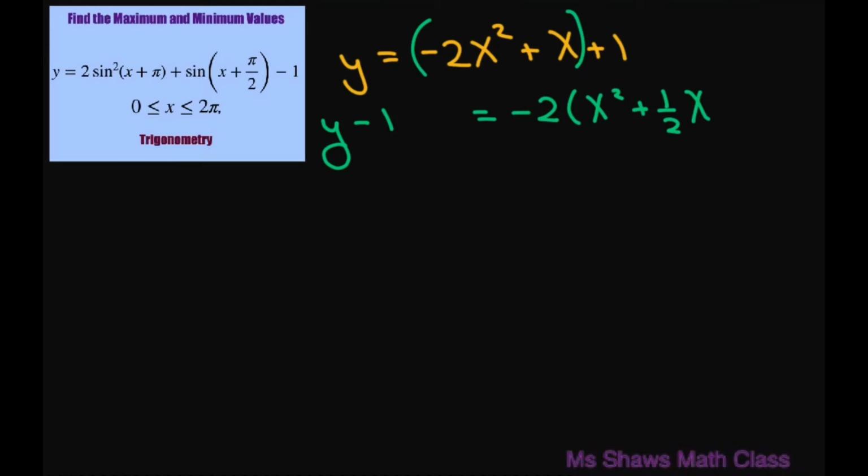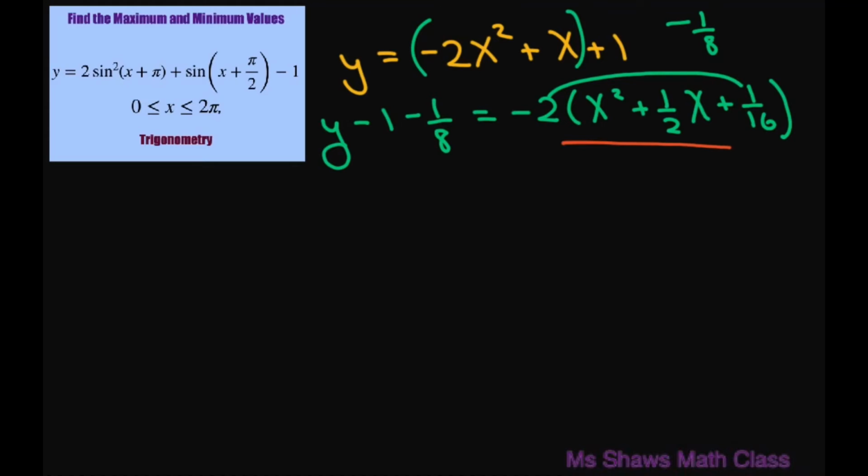Now to complete the square, you take half of 1/2, and that gives you 1/4, and you square it. So that's going to be plus 1/16. And then you're going to have to multiply this, which gives you negative 1/8. So since we're adding 1/8 to the right-hand side, or we're subtracting it actually, you have to subtract it from this side.